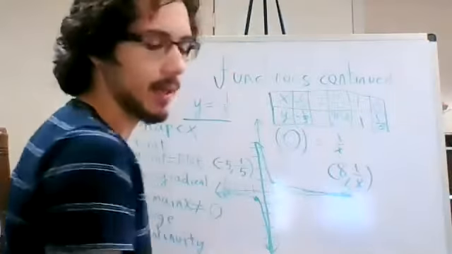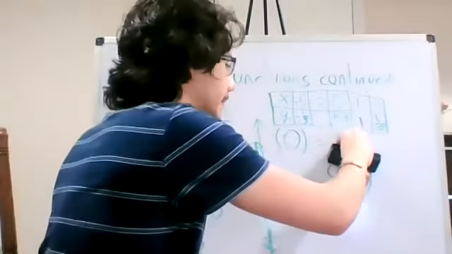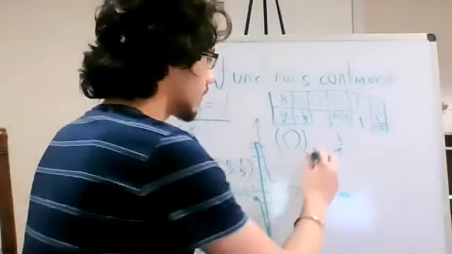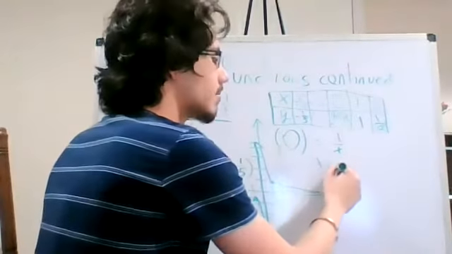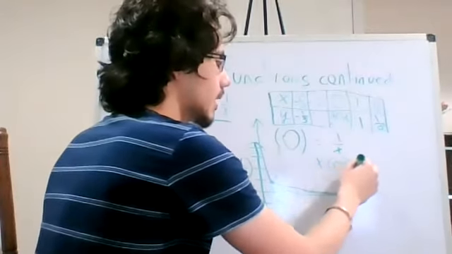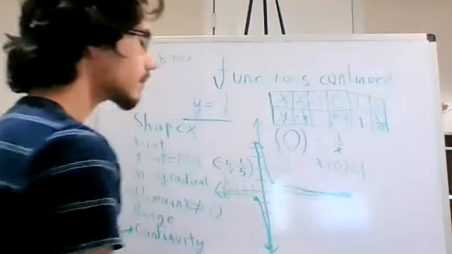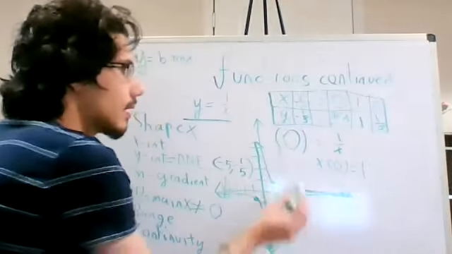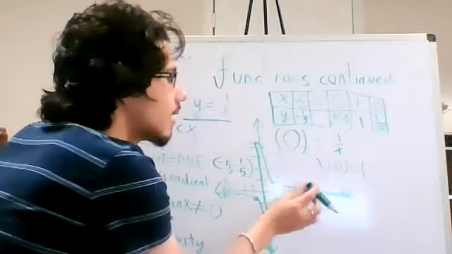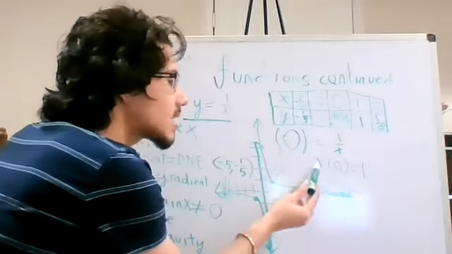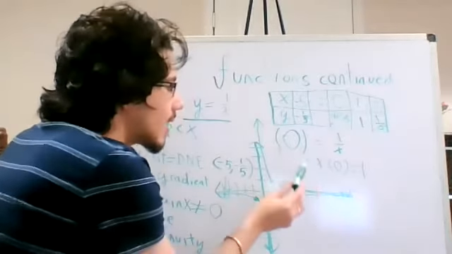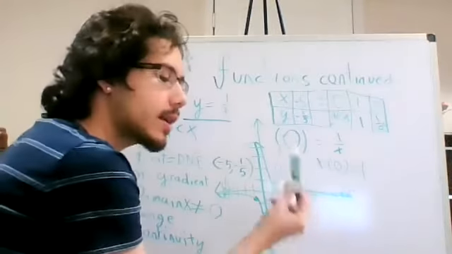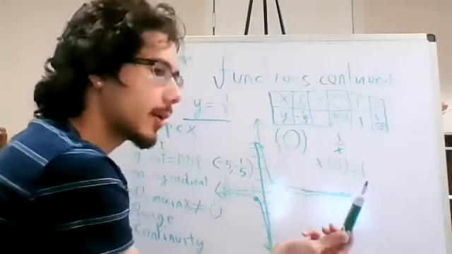So it will come out to be x times 0 equals 1. So that's what we have now. This equation says that when y is equal to 0, x must be a number where that number times 0 equals 1. Now, what do we know about a number times 0?